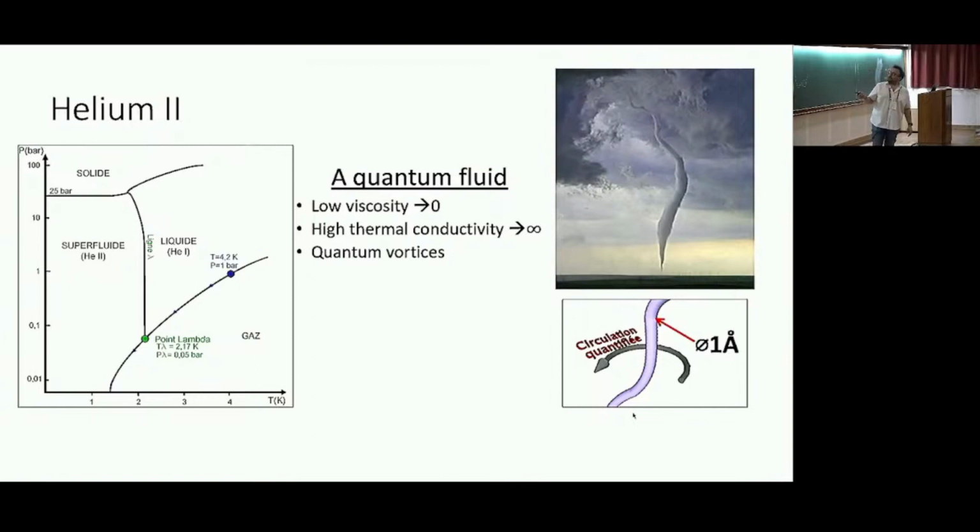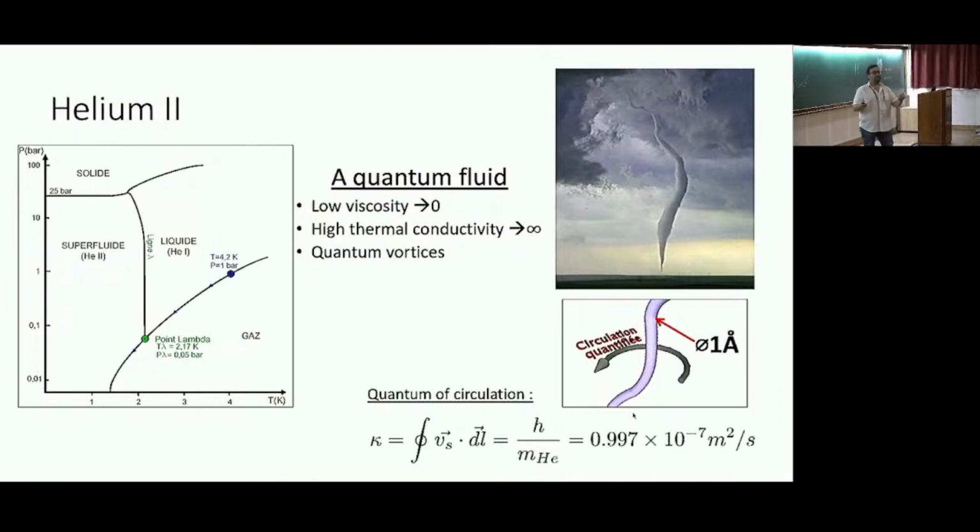Quantum vortices in helium have an extremely small core size, 1 angstrom, almost the size of a helium atom. And they have the same properties as yours: the velocity field around these objects is quantized, and here is the value of this quantum of circulation.